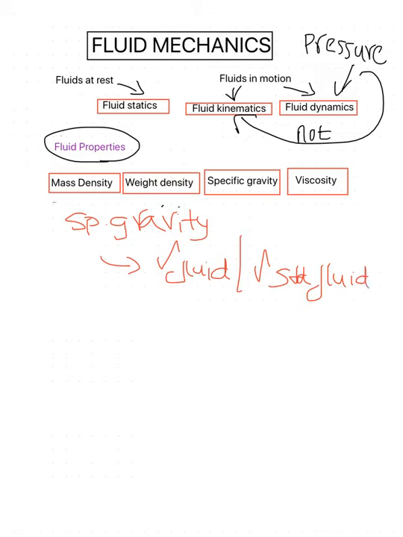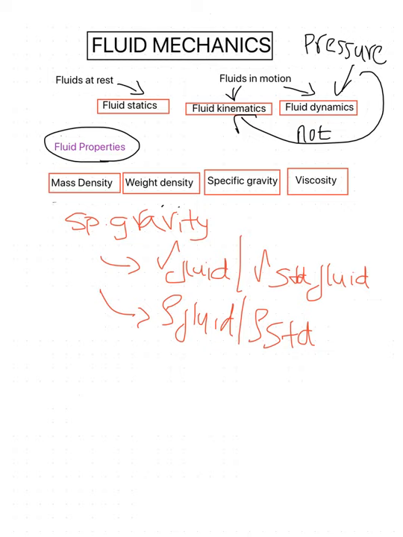So if a given fluid has some typical values of specific weight or specific mass, okay, so that weight density of that fluid divided by weight density of a standard fluid, or you could also write it as rho of that fluid divided by rho of standard fluid.